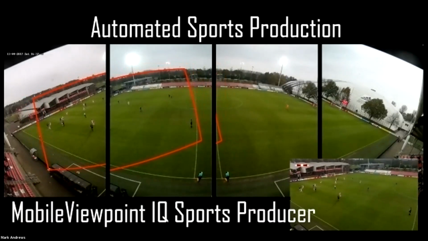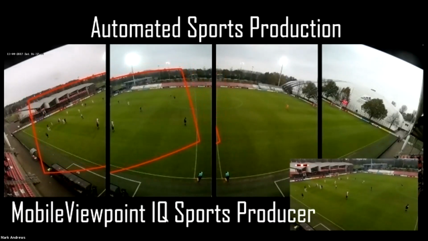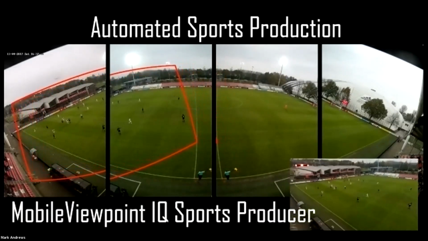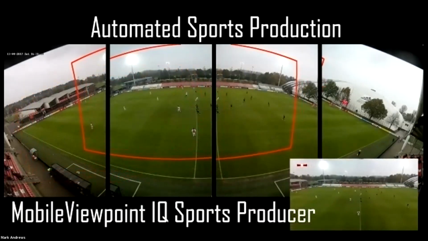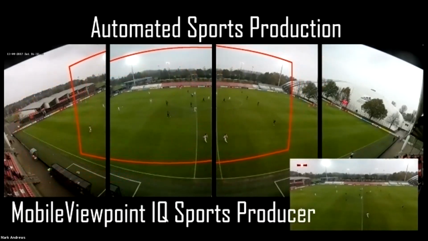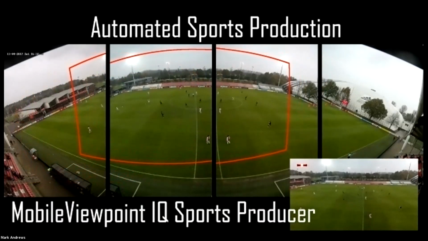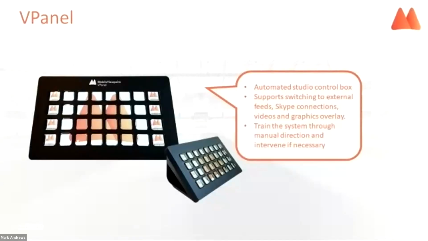And what this allows us, if the AI was to miss something or there was some off-screen action we wanted to show later, is that we record everything. We're able to go back later and analyze that as well. But we're creating a virtual zoom. So there's no mechanical movement. It's a software virtual camera, if you like, which is just moving across the clipped shots of everything within the panoramic view. That's a quick view of vPanel.